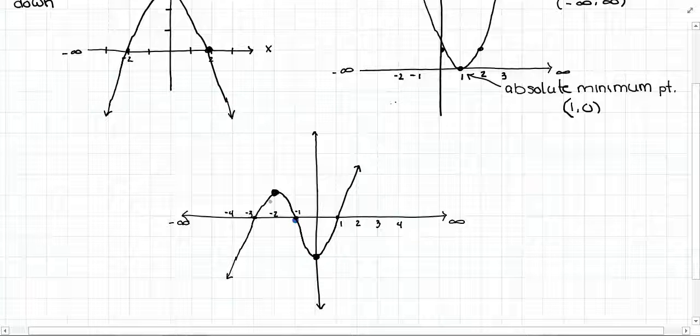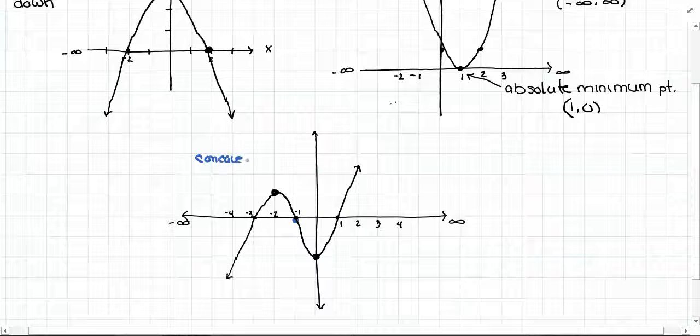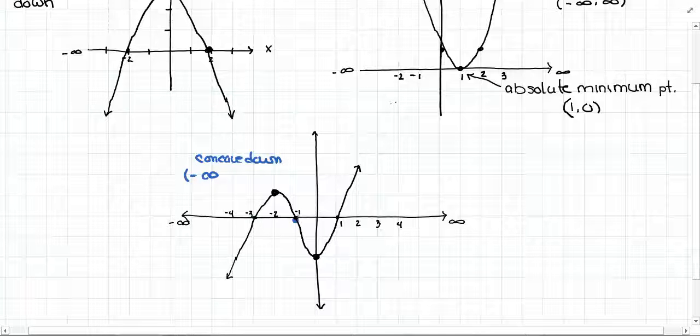So this one is concave down on the interval from negative infinity all the way over to about -1. Again, it's kind of a rough estimate. It might be a little less or a little more than -1, because it's actually negative like maybe 3/4, somewhere in through there.